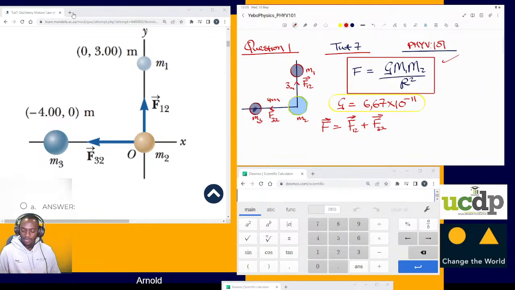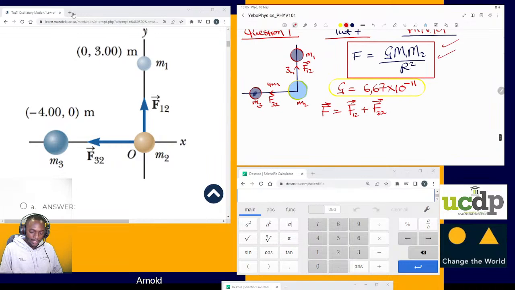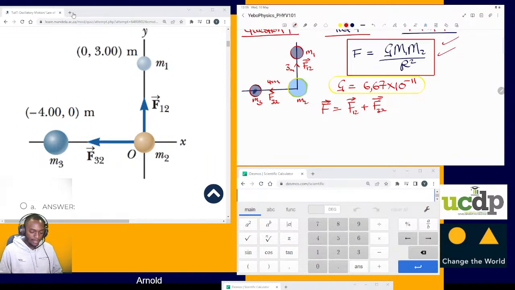Then we sum these two to get the resultant force acting on the mass M2. So let's get on it. This is the equation that we're going to be using. I've already mentioned that.